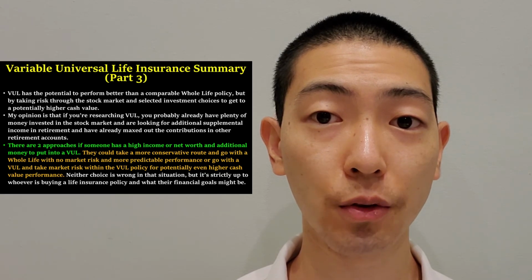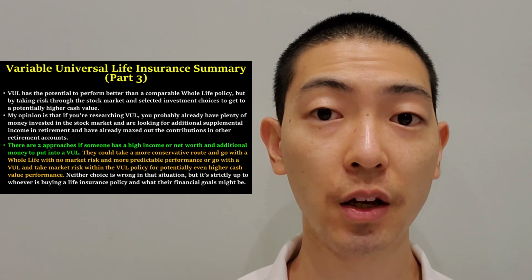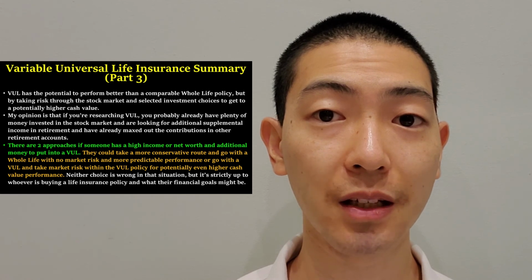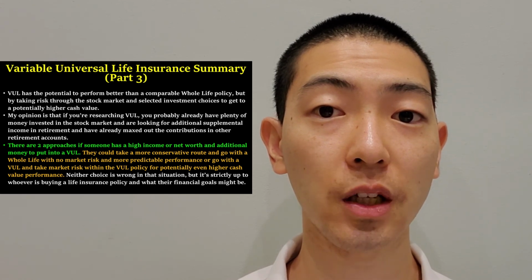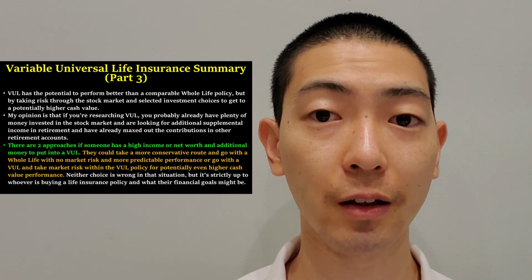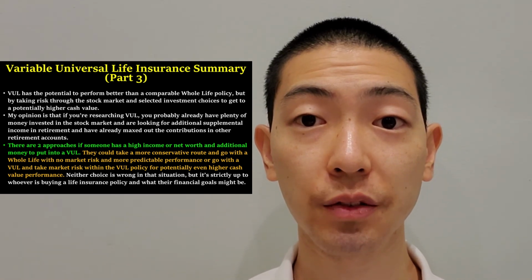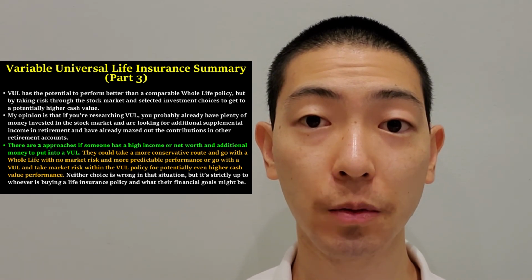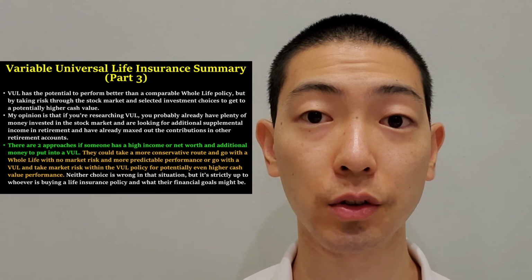My opinion is that if you're researching variable universal life, you probably already have plenty of money invested in the stock market and are looking for additional supplemental income in retirement and have already maxed out the contributions in other retirement accounts. So there are two approaches if someone has a high income and additional money to put into a variable universal life policy.